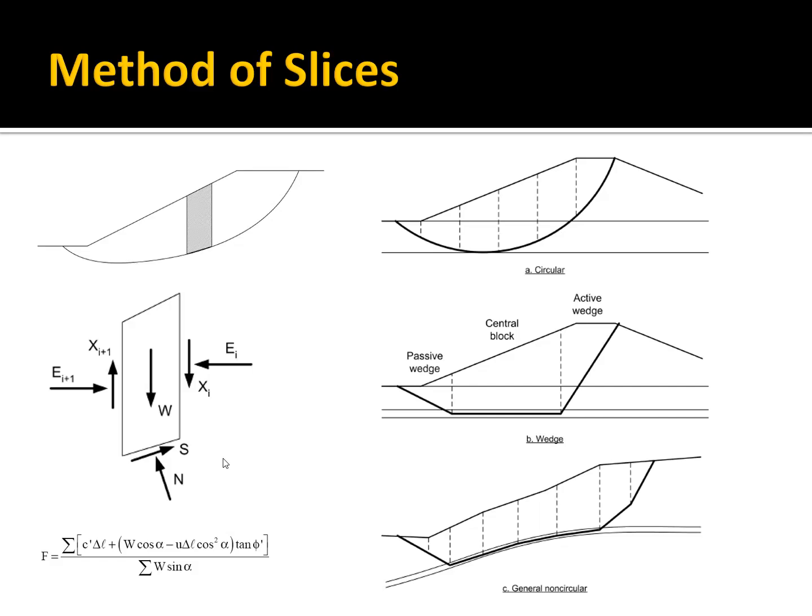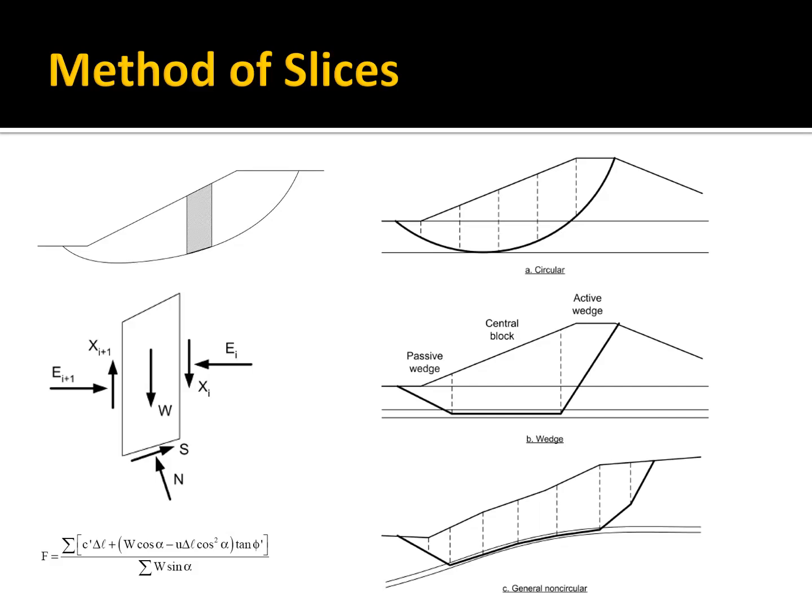That shear force is based on the mobilized shear strength acting along the base of the slice, along the sliding surface. And then on the sides, you have normal forces, which are E_i and E_i+1, assuming we're counting from right to left. And then we have vertical side forces, X_i and X_i+1.